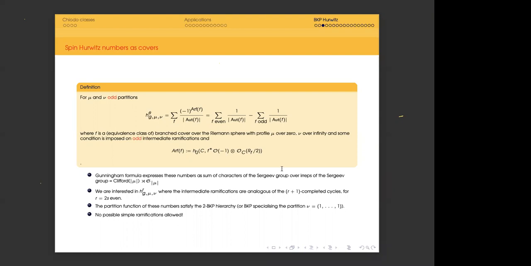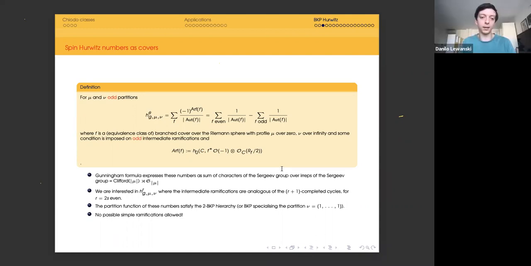Right. But last question, I don't want to interrupt you more: it is true that the transition matrix between the Q Schur functions and the power sum symmetric functions has these Sergeyev group characters as its entries? Yes, exactly. That's how you can define Q Schur functions as well.